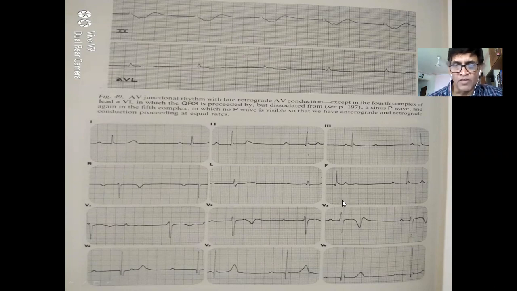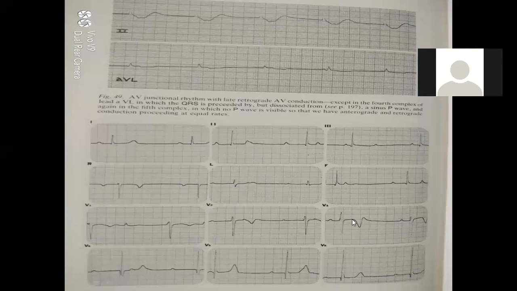That is called the hyperacute phase of infarction. So there is a hyperacute phase and there is a fully evolved phase. So what is this, hyperacute or fully evolved? Fully evolved. When the ST comes down, fully evolved. Fully evolved recent myocardial infarction.